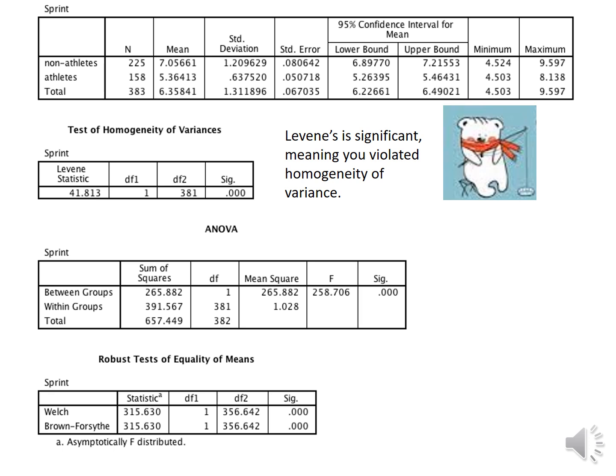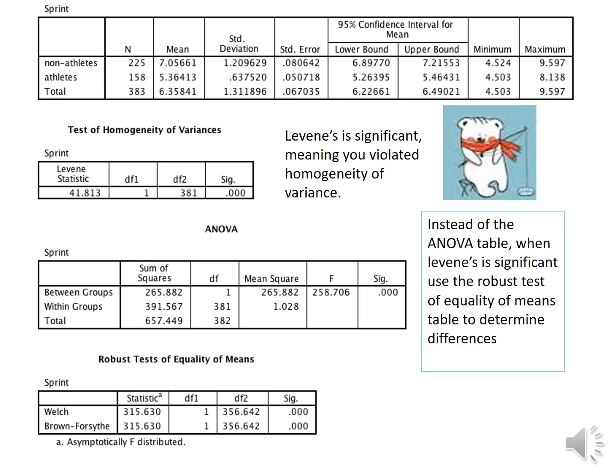Because of this, as we have discussed in the t-test, instead of using the ANOVA table, we go to the robust test of equality of means table, the last table, in order to determine if we have significant differences in the performance.